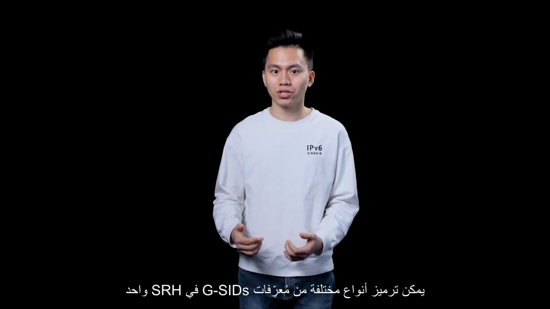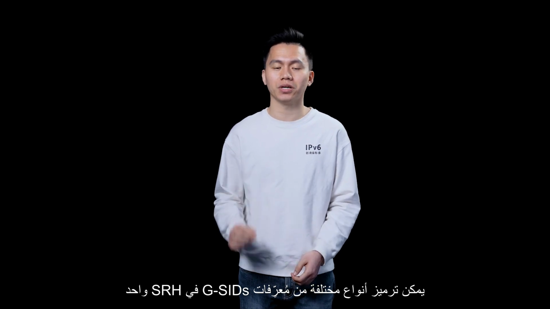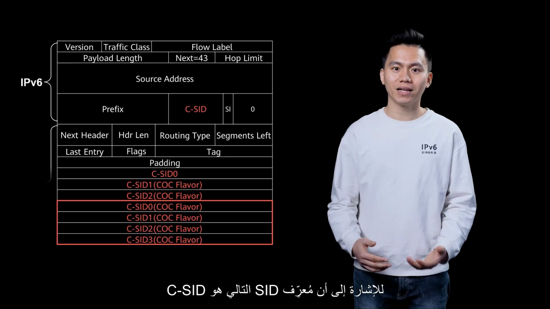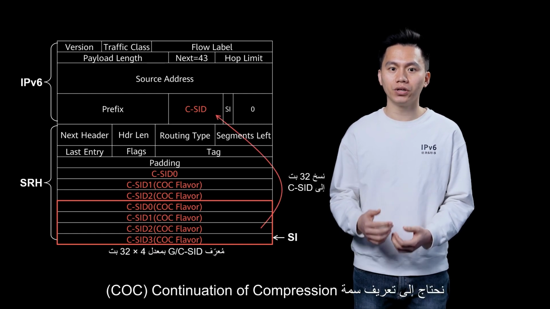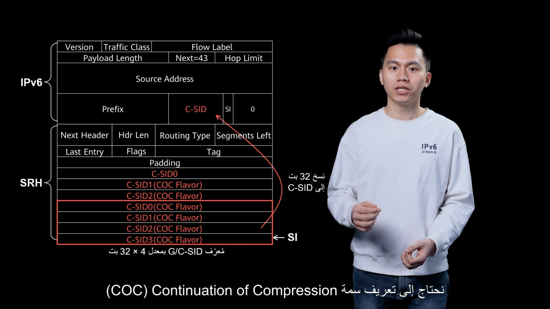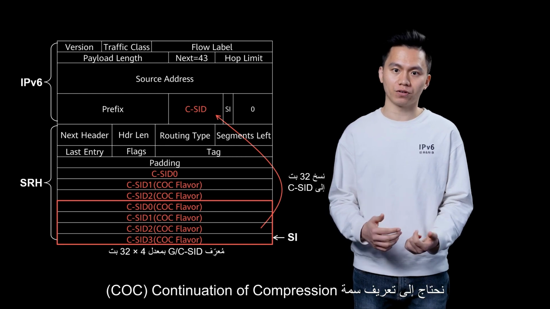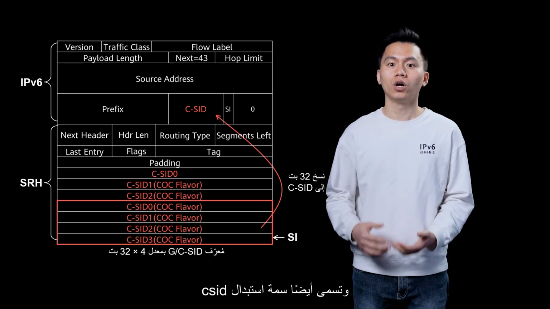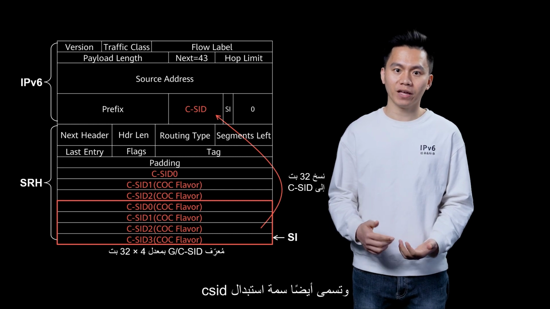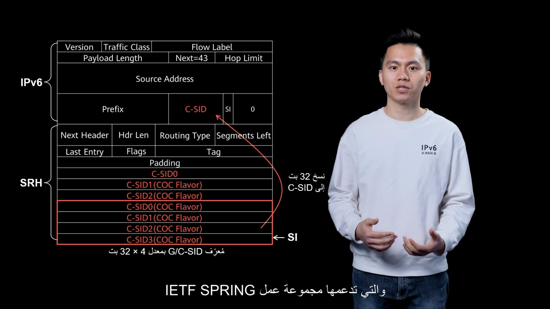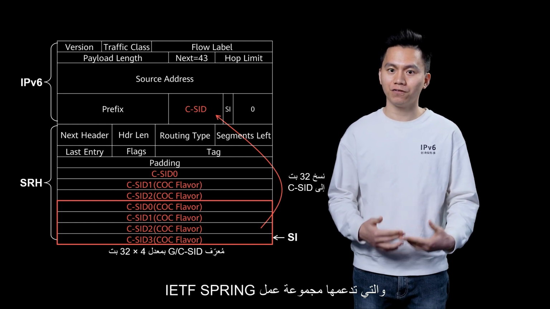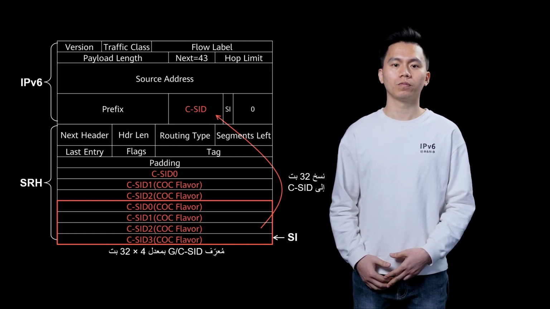So in G-SRv6, different types of G-SID can be encoded into a single SRH. To indicate that the next SID is a C-SID, we need to define a new flavor. We call it the continuation of compression flavor, also called the replace C-SID flavor, defined in the SRv6 compression draft, which has been adopted by the IETF SPRING Working Group.